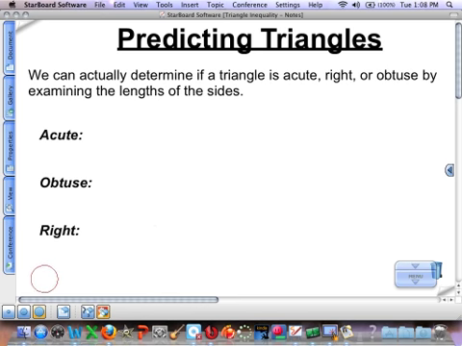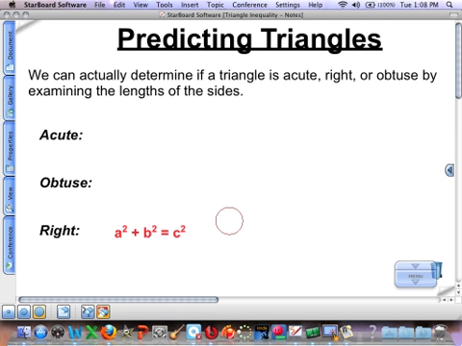What would have to be true? It would have to be a 90-degree angle. What's something we already used where we know it's a right triangle and we just say something about the side lengths? Think of the Pythagorean theorem. Here you go. So if it is right, then a squared plus b squared equals c squared. That's if a squared plus b squared is equal to c squared, then it's a right triangle.